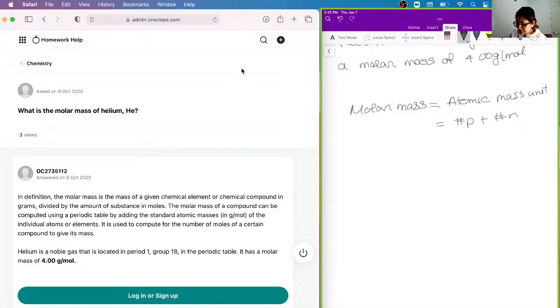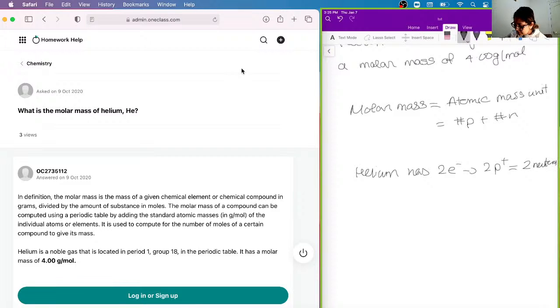Helium has 2 electrons, right? That means that it has 2 protons as well. And in most cases, your number of protons will equal the number of neutrons, so you would also have 2 neutrons.